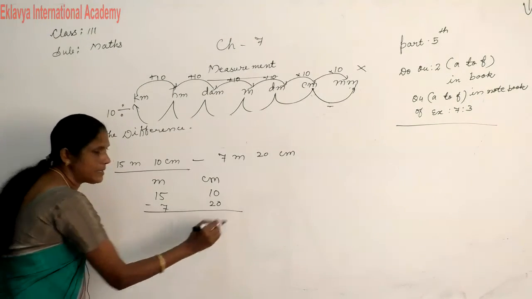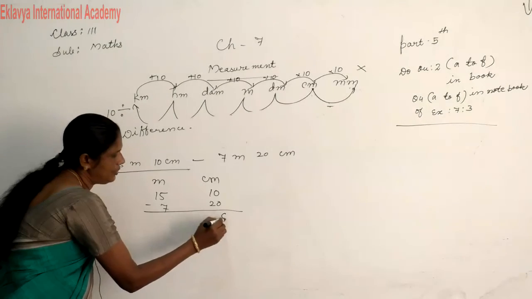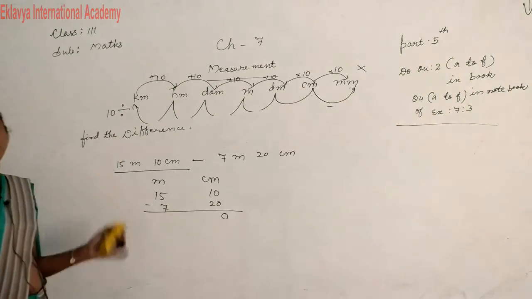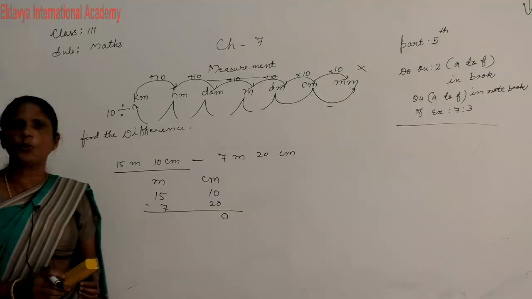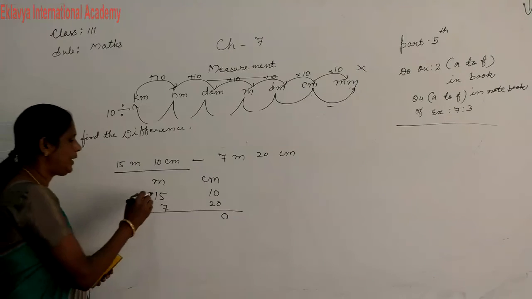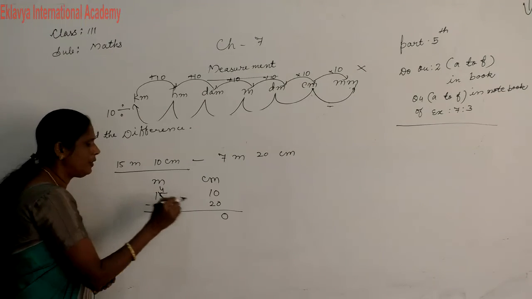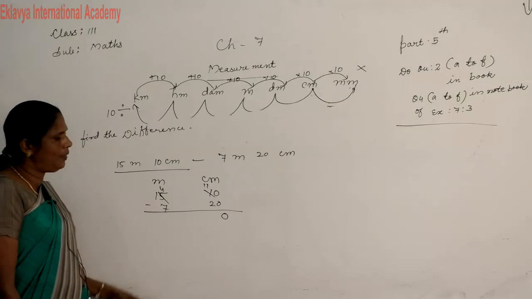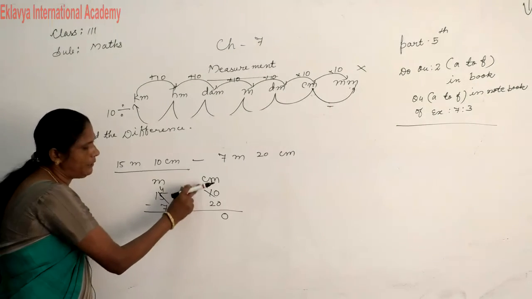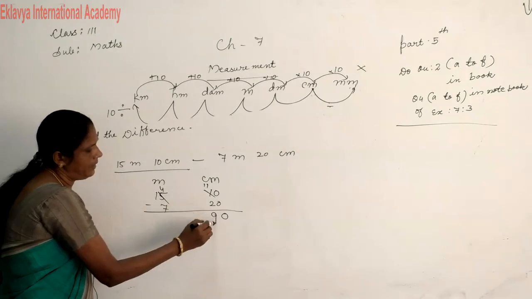Then you subtract: 2 take away from 1, is this possible? No. You cut this 4, here it becomes 11. Now 2 take away from 11, you get 9.